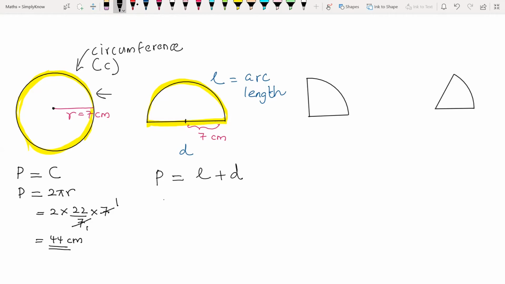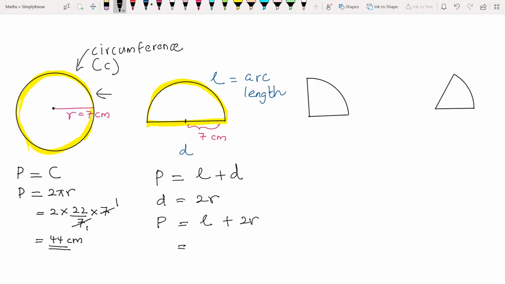And we know that diameter equals 2 times of radius. So again, we can rewrite this formula as P equals L, that is arc length, plus, instead of diameter, I can write 2r.